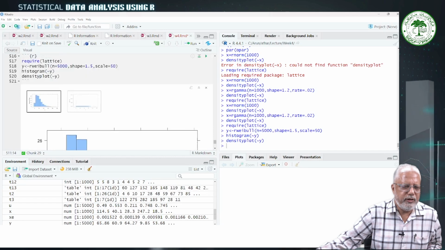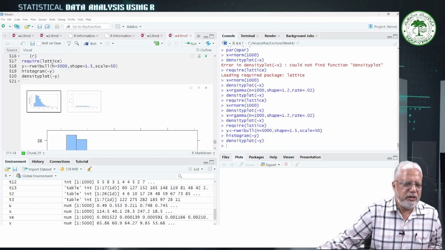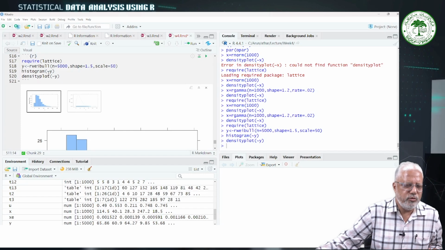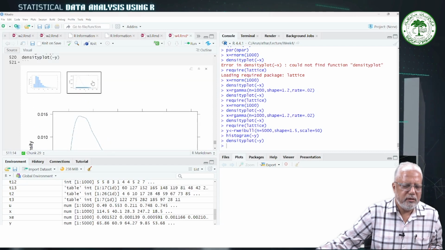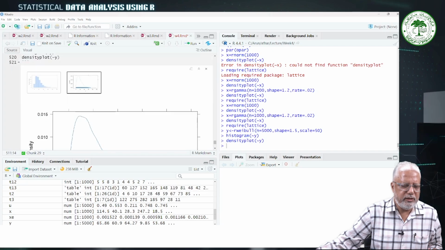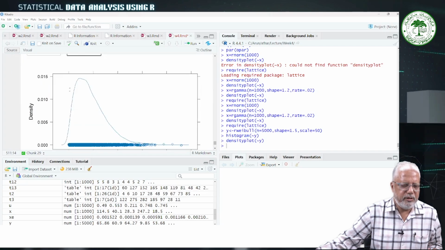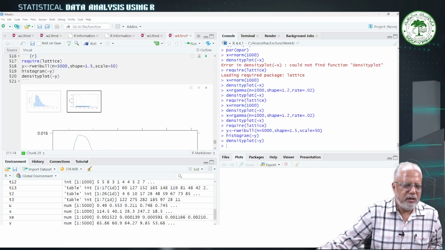In the base package the function is hist, but here the function is histogram, and we use the formula argument tilde. Then we get the density plot tilde y, which is the non-parametric density estimator and its plot.